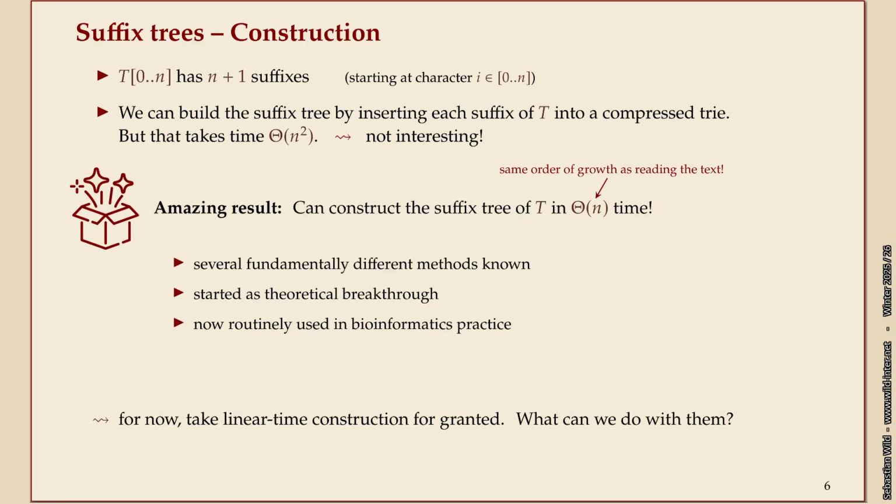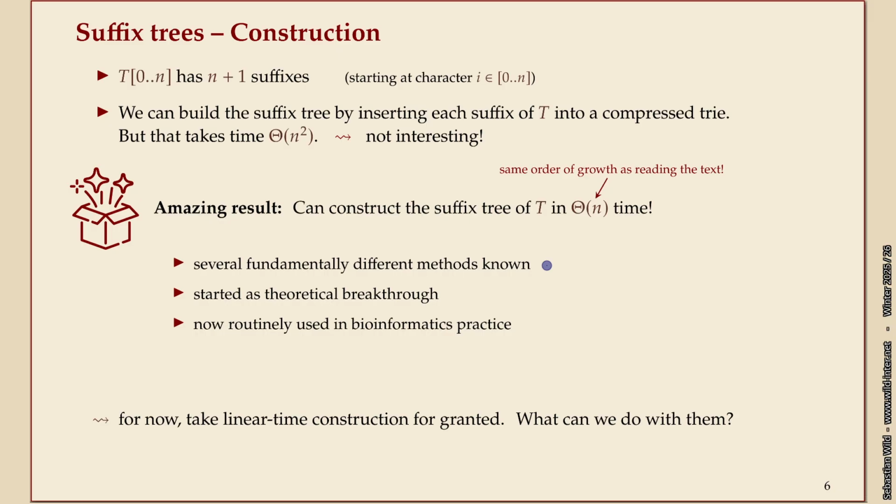Now here's another magic black box that we'll eventually look into. You can do this in linear time. You can build the suffix tree from the text, and from what I described, think about the alphabet as constant. That's good enough. And you can do that in linear time in the end. There are actually different algorithms known for doing this. I'll show you one, but there are several others that are fundamentally different.